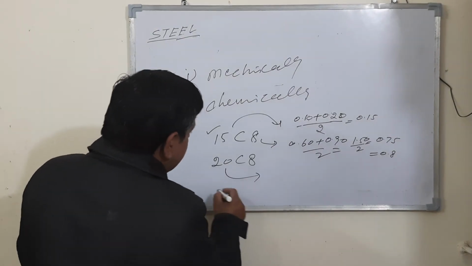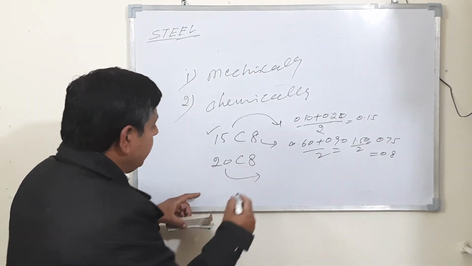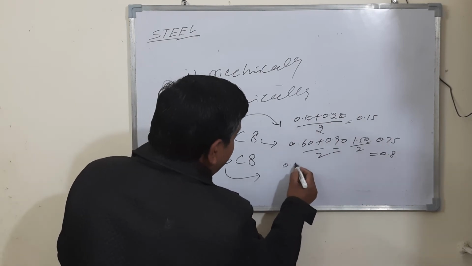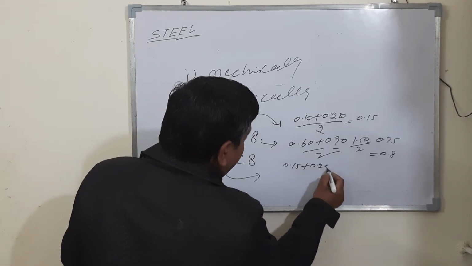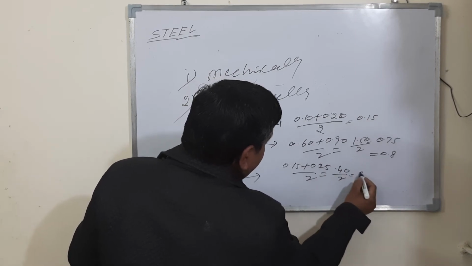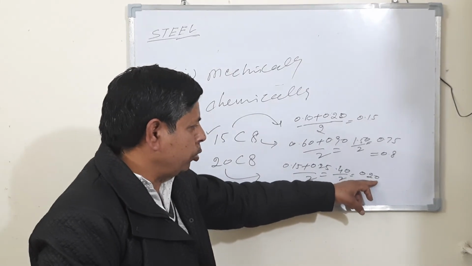So take the second number as an example. 20 means 0.15 plus 0.25 divided by 2, which is 0.20.